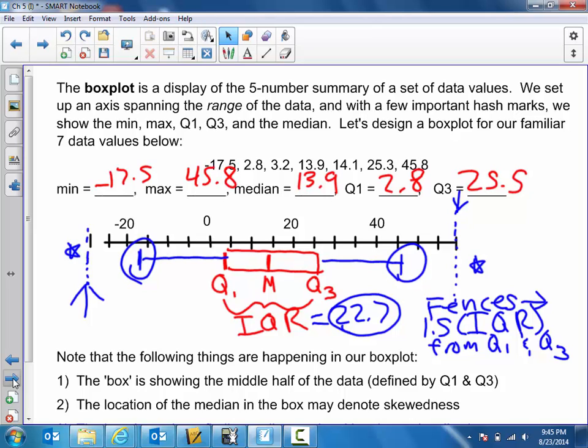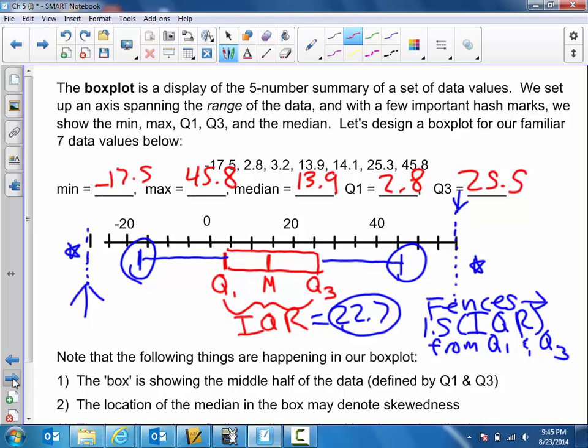We don't have any data that goes beyond our fences, but if we did, we would denote it with stars, boxes, asterisks, whatever little shape you want. That doesn't really matter. So the box and whisker plot has done the following for us. It has shown us where the interquartile range is, where the middle 50% of the data tends to be.